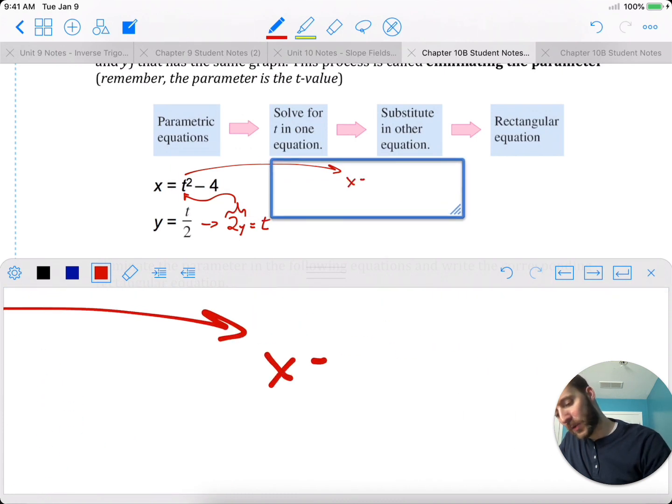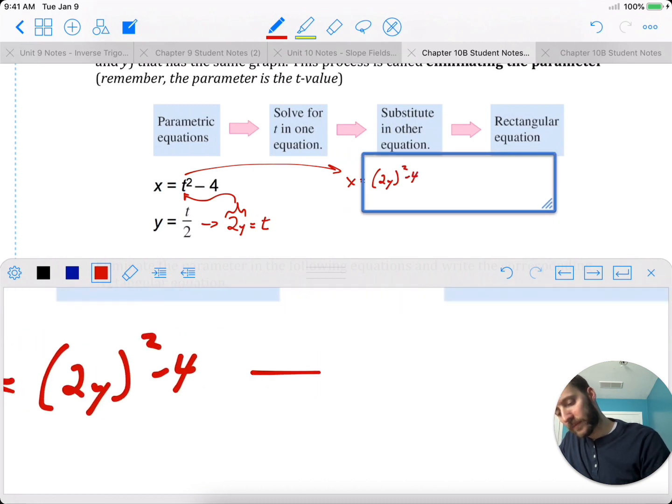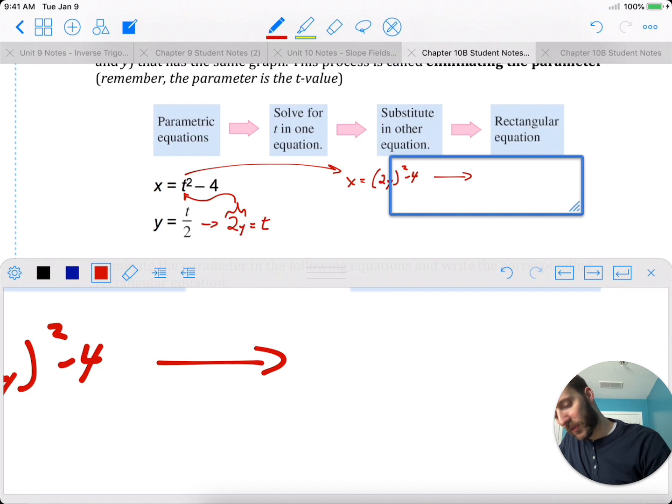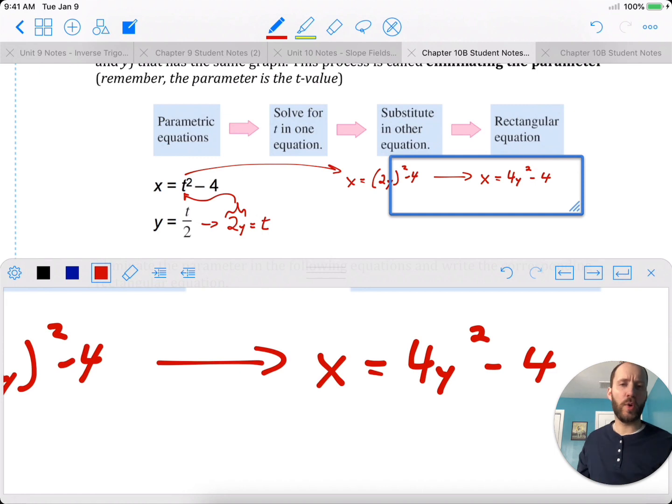So x equals 2y squared minus 4. And then solve. Well, x equals 4y squared, getting a little sloppy, minus 4. And it's an equation, so not necessary to solve for y.